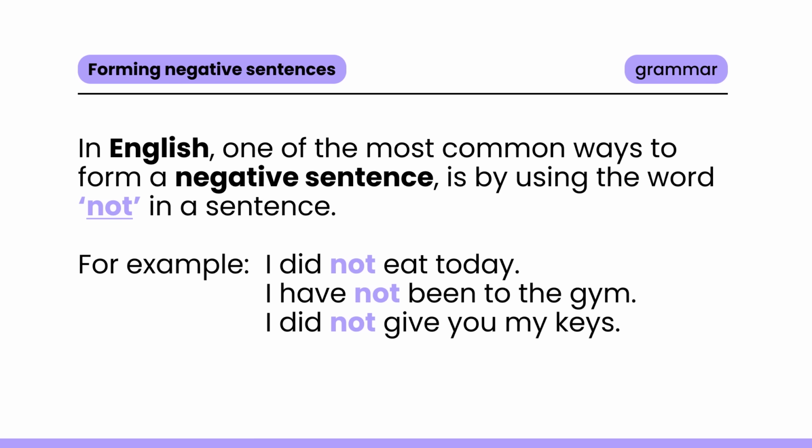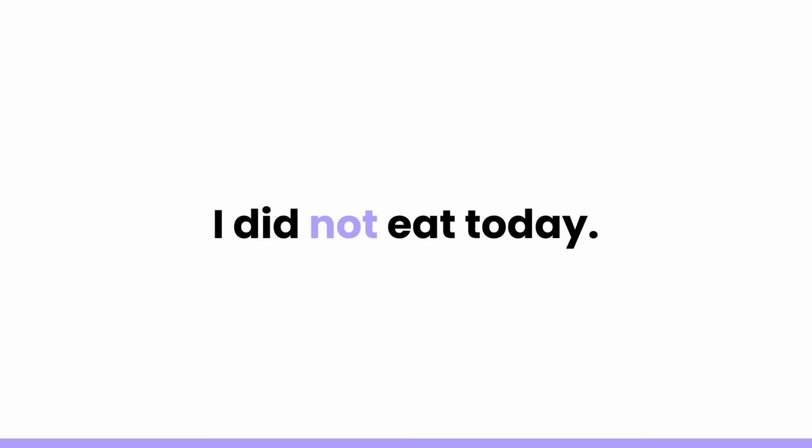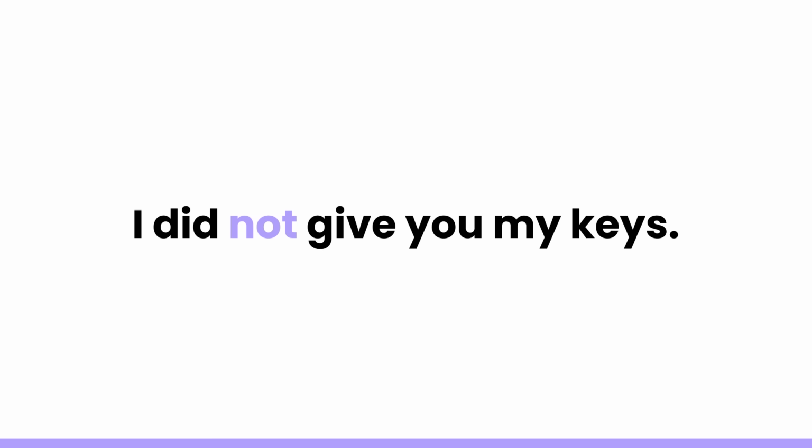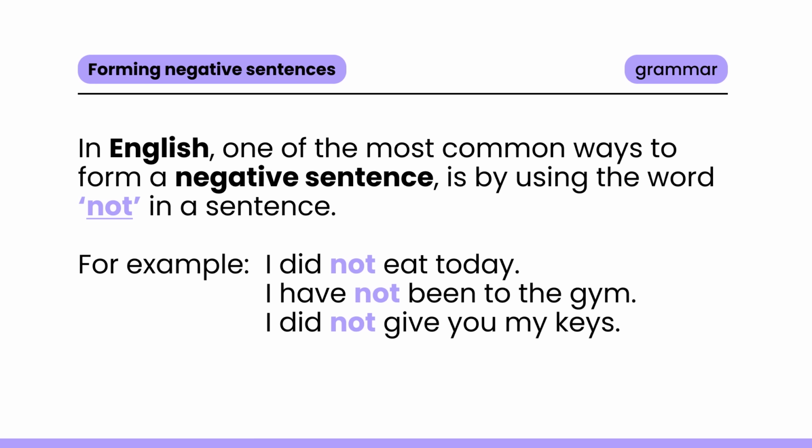For example, you could say, I did not eat today, or I have not been to the gym, or I did not give you my keys. These are all negative sentences. So in English, we usually use the word not to make a sentence negative. You could say, I did eat today, or I did not eat today. I have been to the gym, I have not been to the gym. I did give you my keys, I did not give you my keys.